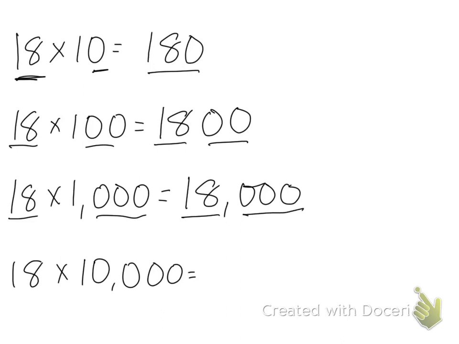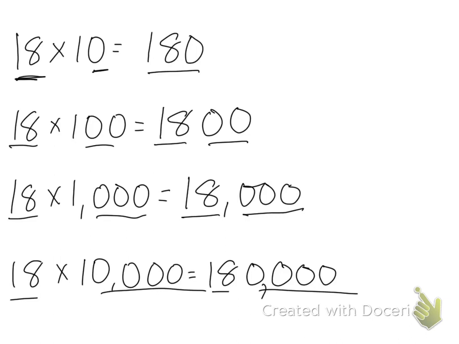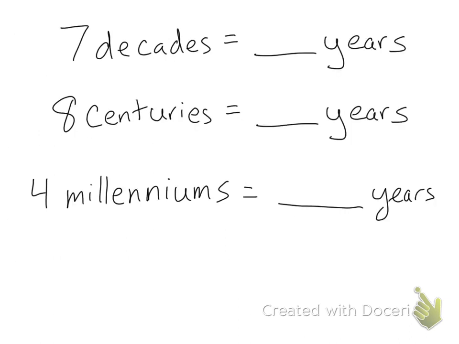And 18 times 10,000 is going to have 4 zeros at the end, 18 with 4 zeros on the end. So that's 180,000.